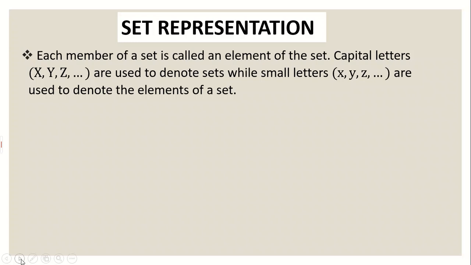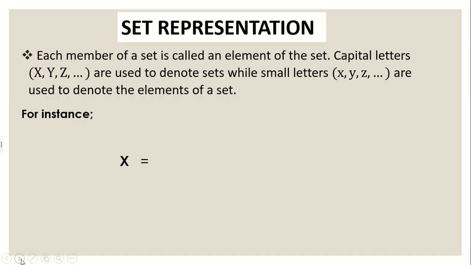Most of the time we make use of letters and numbers. If you are using letters to represent elements, they have to be small letters. If you are using letters to represent a set, they have to be capital letters.